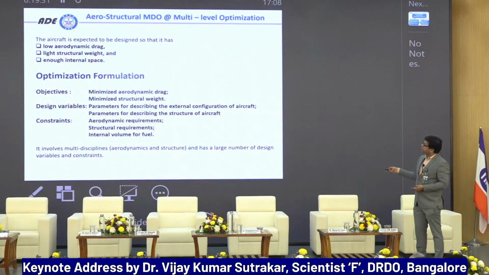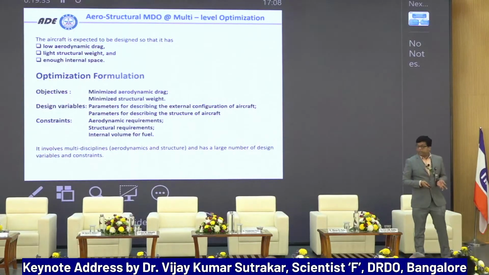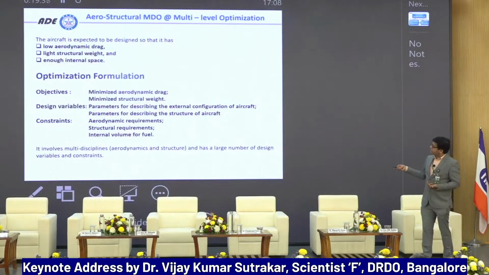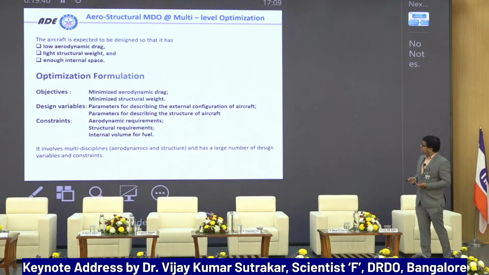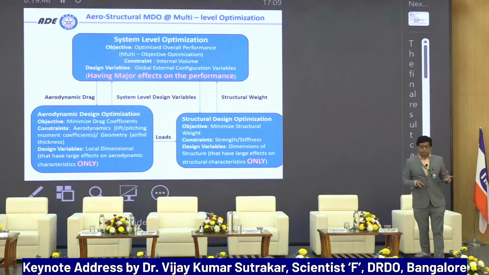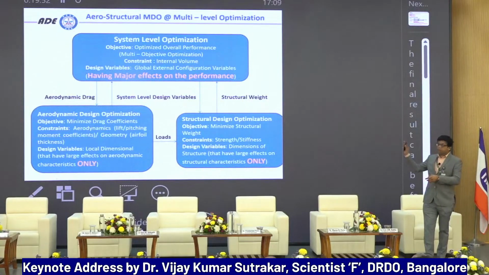Our objective will be that I have to minimize the aerodynamic drag and reduce the structural weight with some design variables, and the constraints are given. It is multidisciplinary, but I will show that when we do an aerodynamic problem, it has an impact only on the aerodynamic shape. So it does not lead to more impact on the other domains.